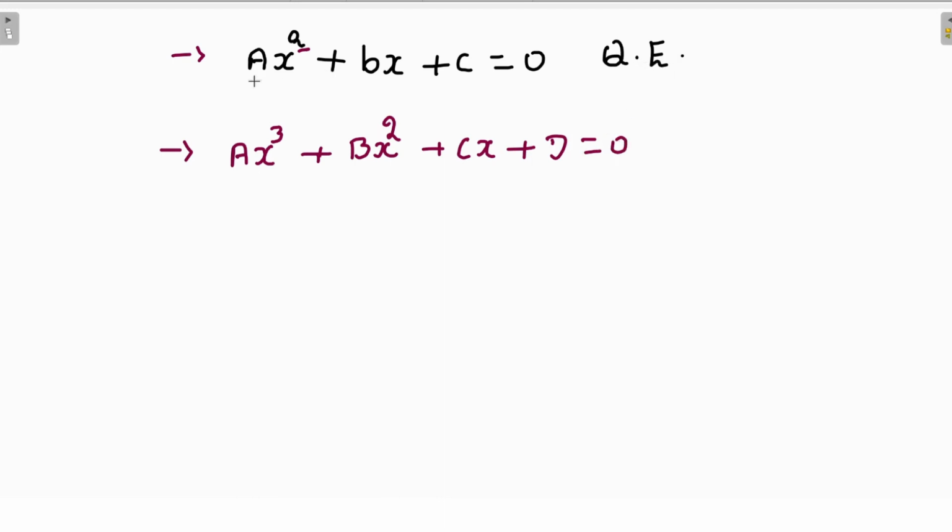In a quadratic equation, a should not be equal to 0. In a cubic equation also, a should not be equal to 0.